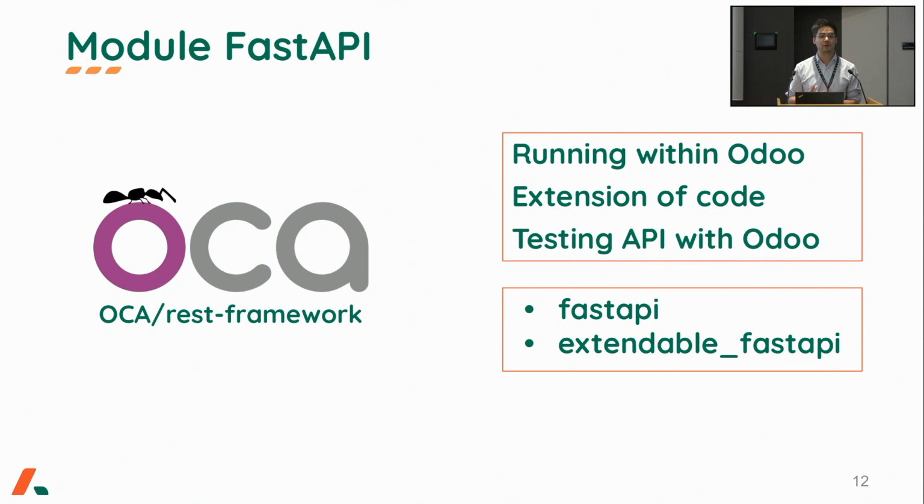It allows you to extend the definition of your API, and I will talk a bit about the testing class that it offers on Odoo. It consists essentially of 2 modules, the module FastAPI and the module extendable FastAPI. The 2 are available on the repository REST framework, as I said before.